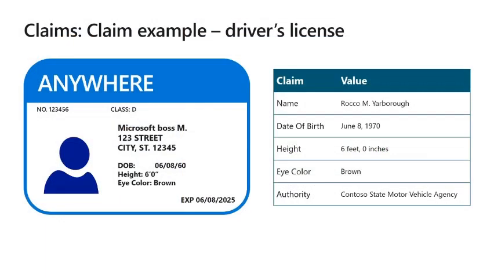If we compare this driver license example with our authentication process, then the authority who provides this license is the third party social identity provider like Facebook, LinkedIn, Twitter, or whatever. And then the claims are the information that the third party gives us.